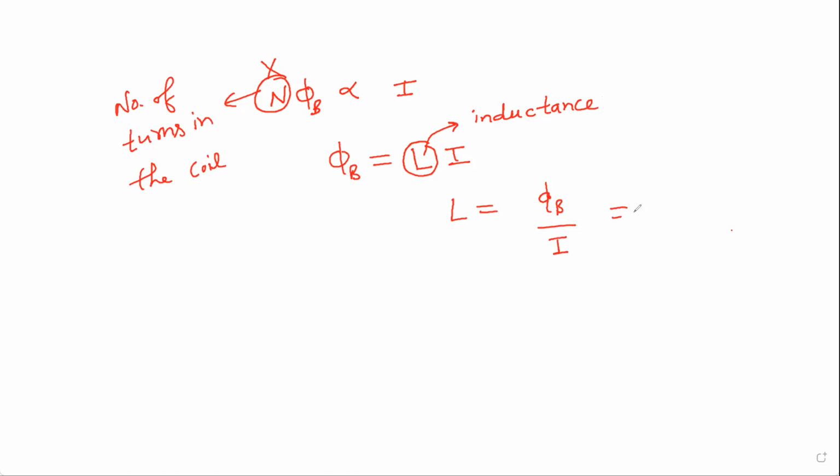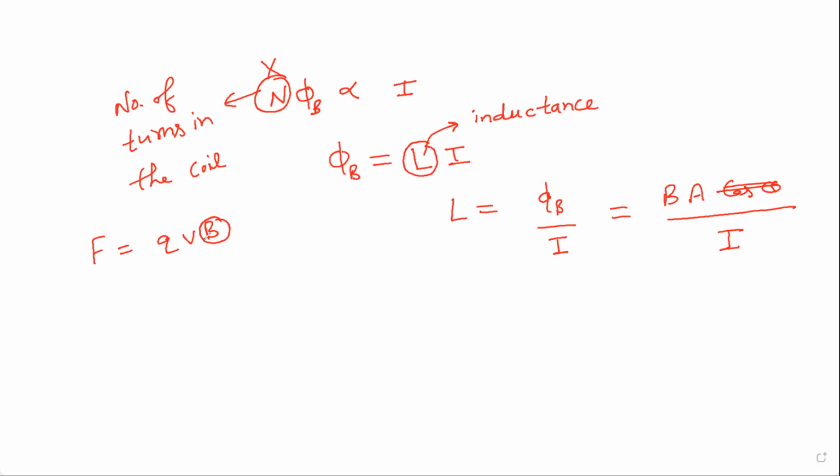So magnetic flux, you know, this is B A cos theta, over current I. There are no dimensions for angle, so you can rule this one out. For magnetic field, you can use the formula F equals QVB.